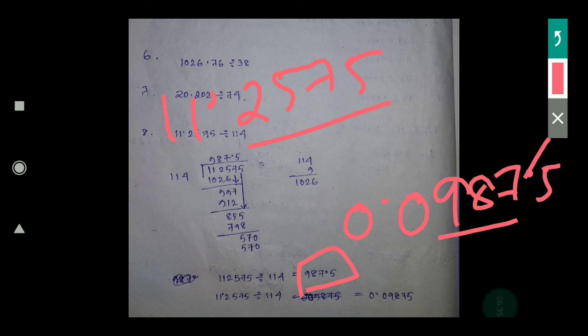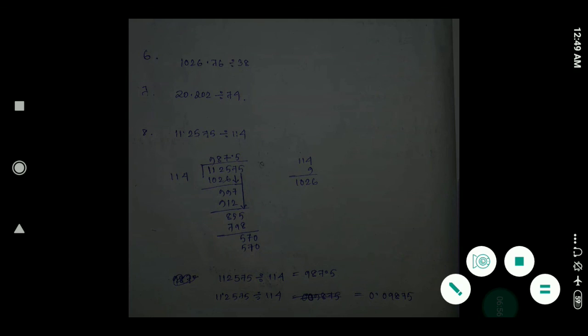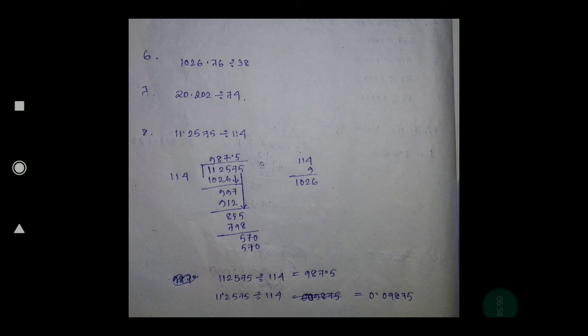Understood? It will shift to the left side by 4 places. So 3 is already there, so now 1 digit remaining, that means I put the 0 and then the decimal point. And the next questions we will discuss in the next video.